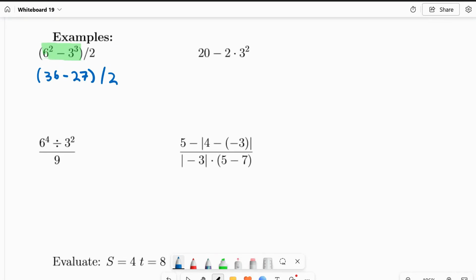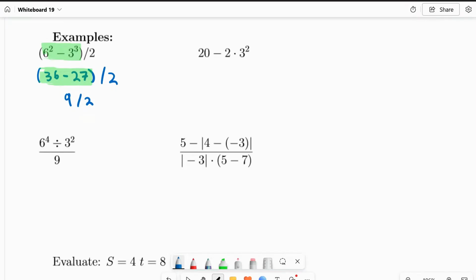So although I started with my parentheses, I still have parentheses left over. So my next step, I'm going to go back and finish up those parentheses. So I've got 36 minus 27, which will give me 9 divided by 2.